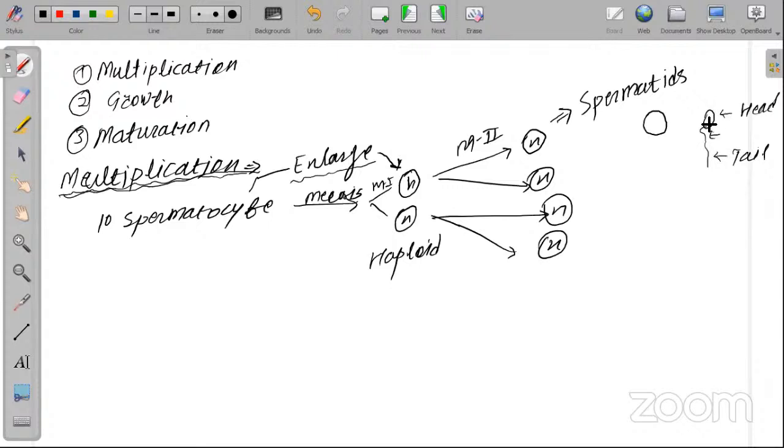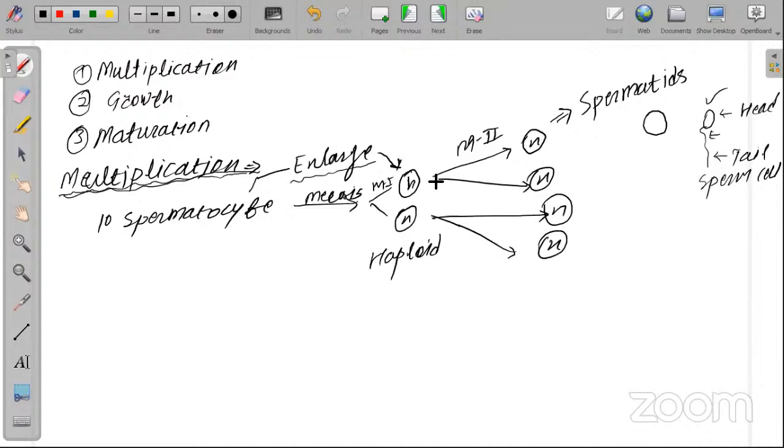Our target, that means the target of spermatogenesis, is complete development of the structure, that is sperm or sperm cell. हमारा टारगेट क्या है? स्पर्म सेल को बनाना. Here only spermatids get developed. If you have any type of confusion in it, then you can mention it in the comment.